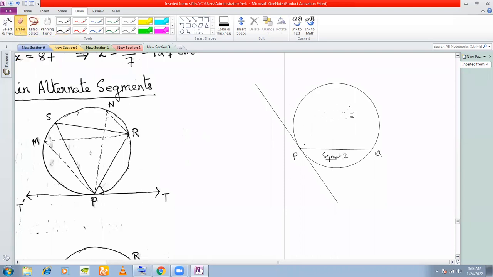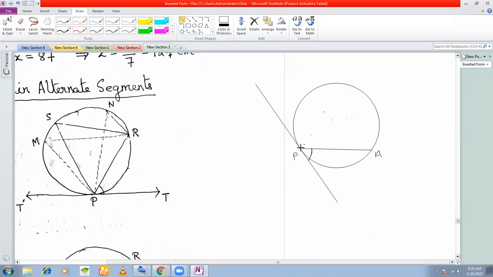Now, what is the angle in the minor segment here? We call this angle as angle in the minor segment, right? And any angle that is made in the major segment is called angle in the major segment. Okay. So what I do here is I can construct many angles here.